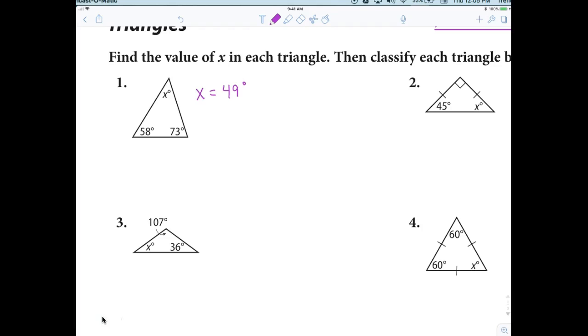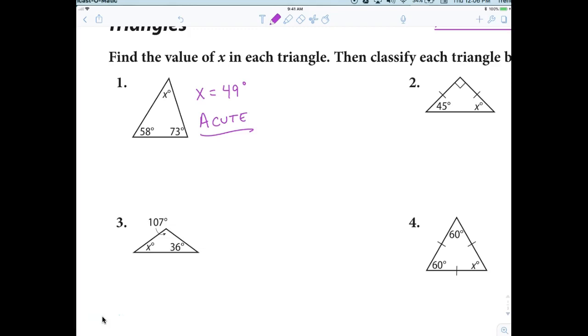So we came up with 49 degrees. After we do 49 degrees, now what? What type of triangle is it then? It's definitely acute. The reason why it's definitely acute is because all those angles are less than 90.